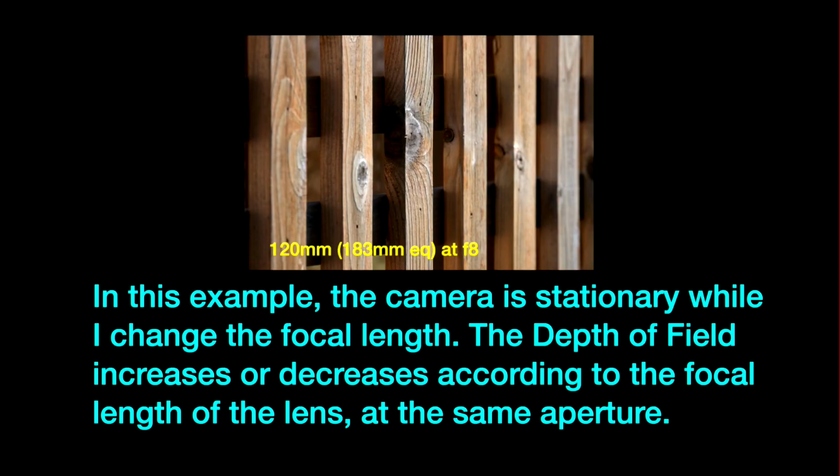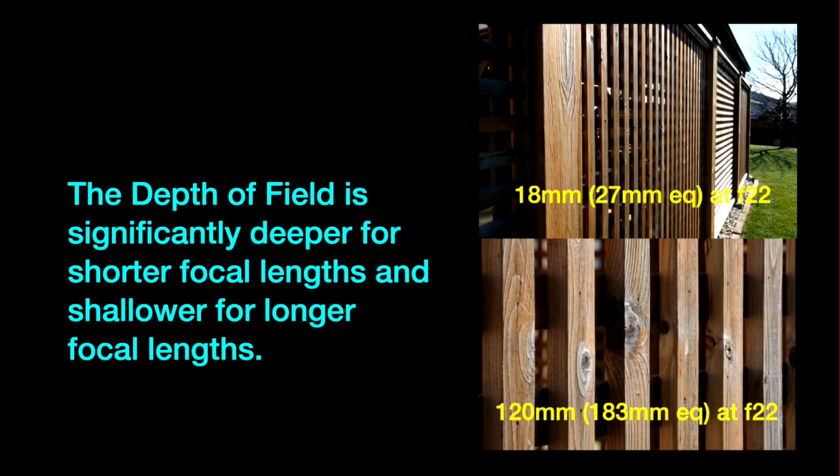So here I put it to f22 on the 18 and the 120, and you can see for the 18mm at f22, everything is sharp, all the way back to that tree. But at 120mm, maybe 3 bars are sharp and the rest are not. So even when you go to f22, you're not gaining a lot of sharpness in terms of your depth of field. Your depth of field is not getting all that deep with telephoto lenses.